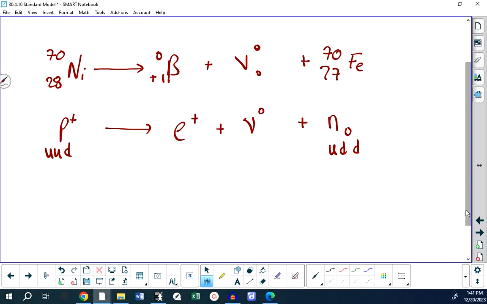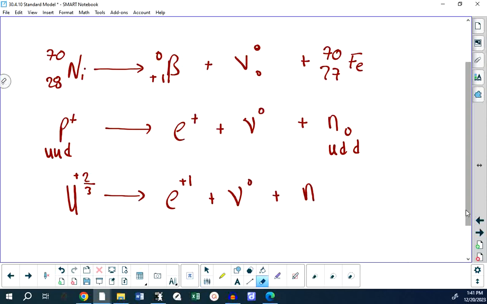So we don't need all of those extra pieces. Here is the net change. And again, if you were to check out the charge, charge is conserved. I'm going to end it there.